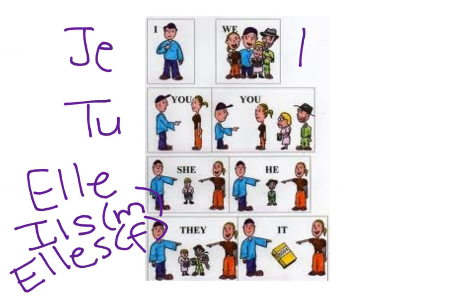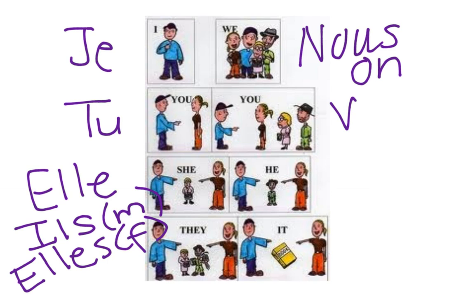We also have we, which you can use the word nous, or you can also use the word on to mean we. You, with more than one person, in French, we use vous. And vous can mean y'all, or it can be you formal, which is for someone you don't call by their first name.